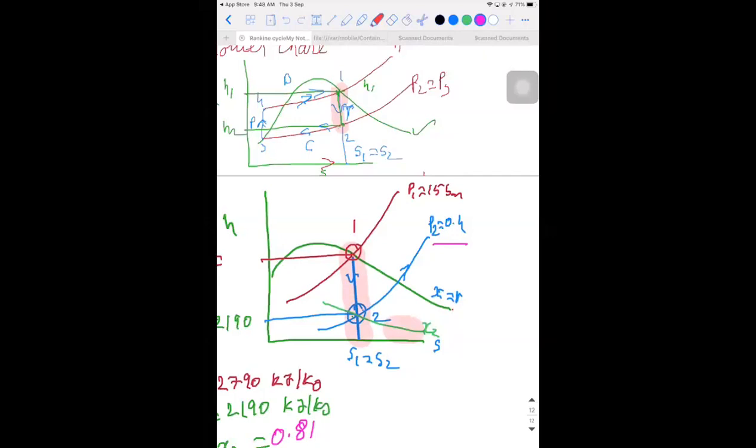That is the simplest way of finding state 2. But here I'm not in a position to identify that, and I am aware that process 1 to 2 is isentropic, which means S1 is equal to S2. Using this logic, I have to get X2.